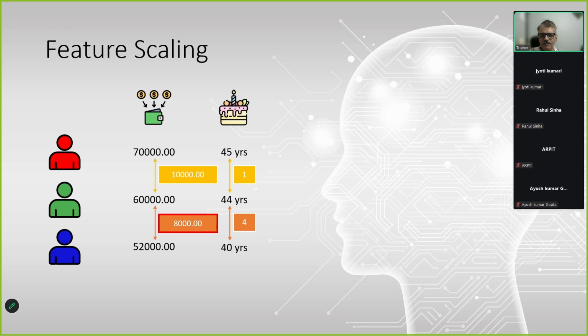So suppose currently we are expressing this age in years. Suppose we expressed this age not in years but in minutes, then those values would be much higher, or in seconds would be even higher, right?